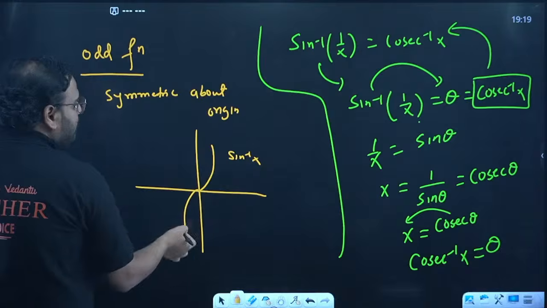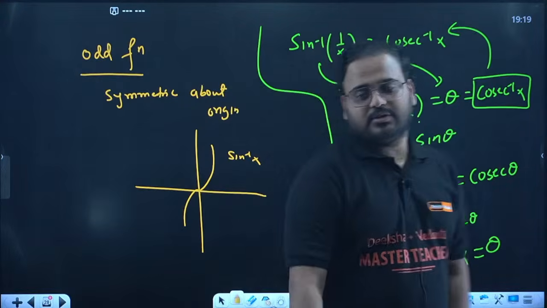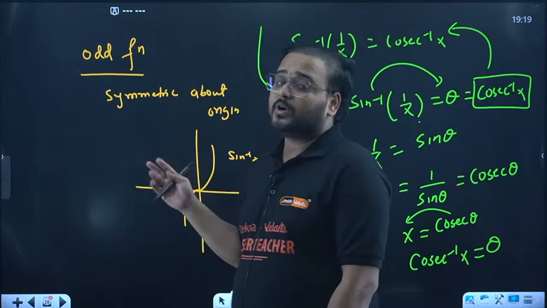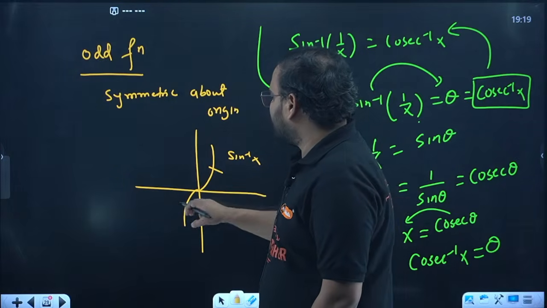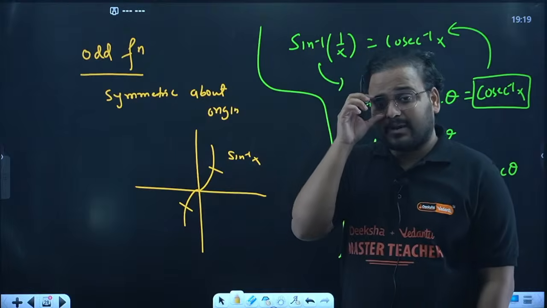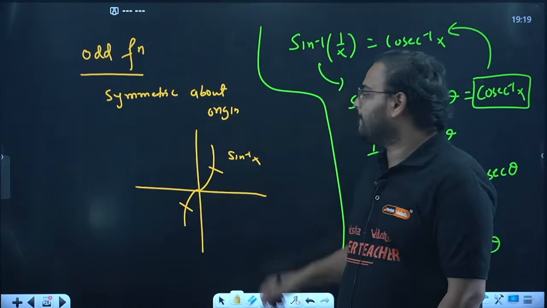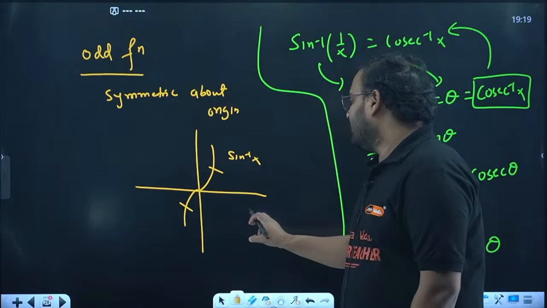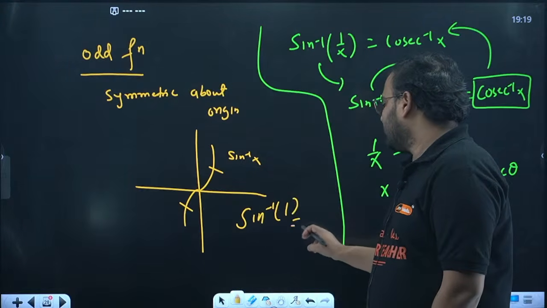This is symmetric about the origin. So whatever functions are symmetric about the origin are called odd functions. Because if you look at this point, you'll have a mirror image over here. If you take x as minus x, it will simply become over here. I'll show you. What is sine inverse of 1? Pi by 2.